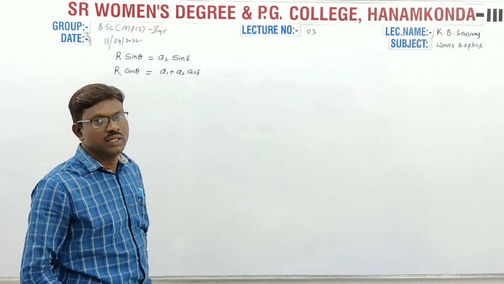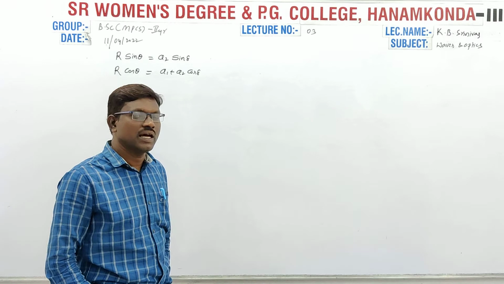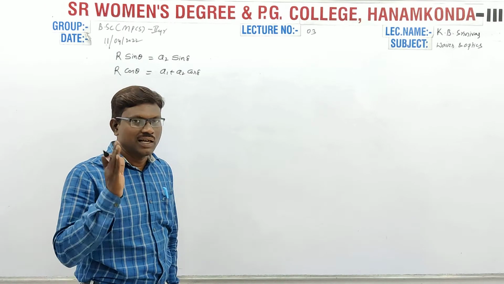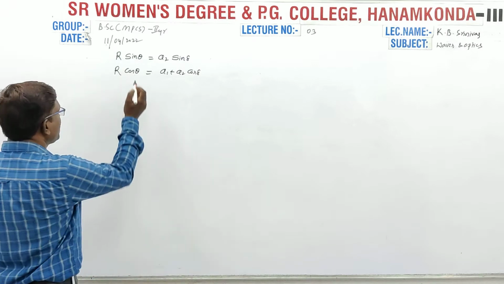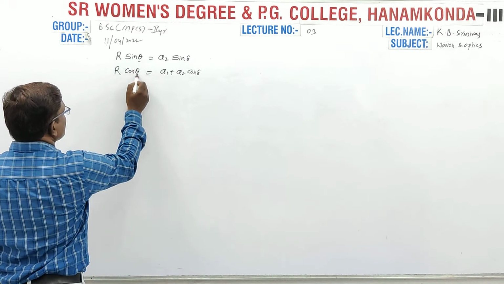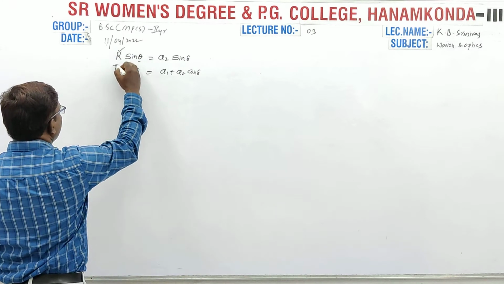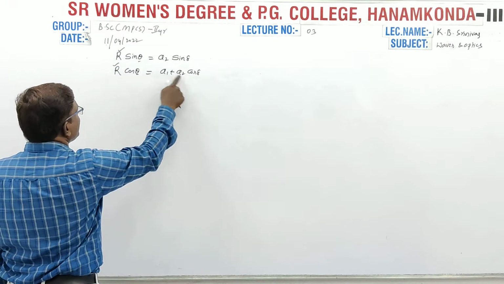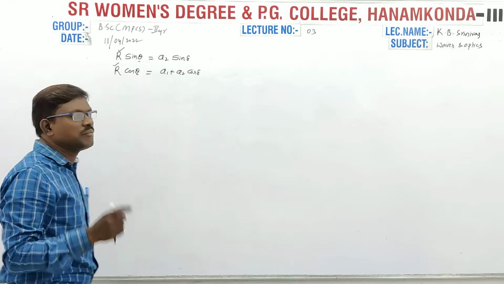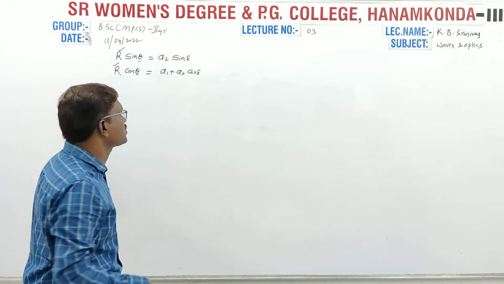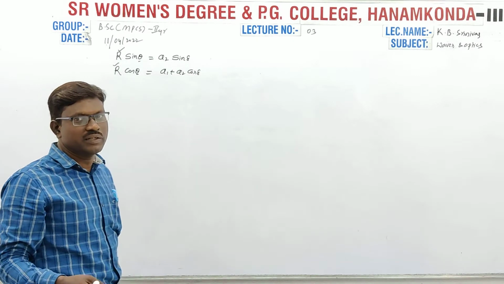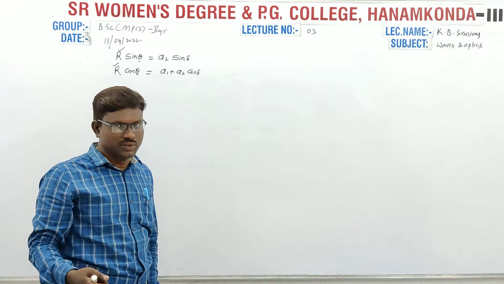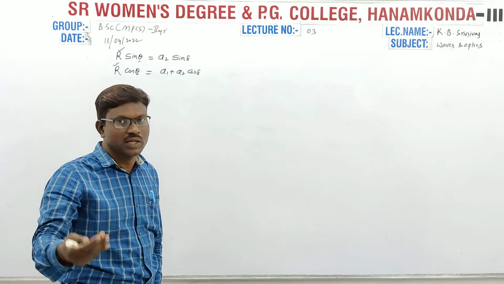From these two equations we can calculate the resultant phase of the two waves. What is resultant phase? Theta. Capital R is the resultant amplitude. A1, A2 are amplitudes of the individual waves. Delta is the phase difference between the two waves when they are not superimposed on each other.